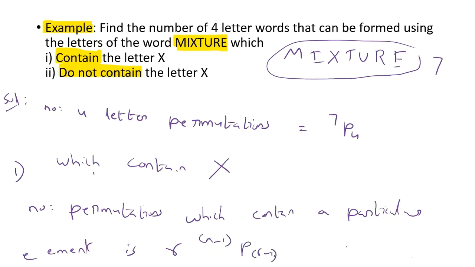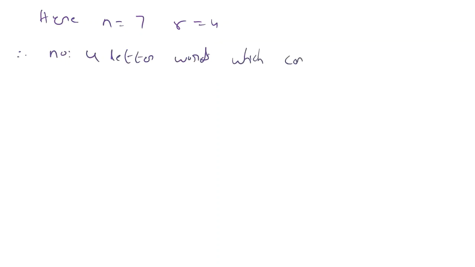Here n is equal to 7 and r is equal to 4. Therefore the number of 4-letter words which contain X is equal to 4 times 7 minus 1 P 4 minus 1, which is nothing but 4 times 6P3.